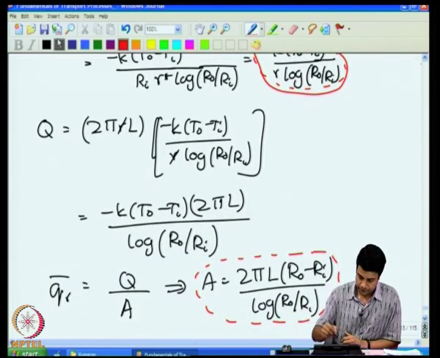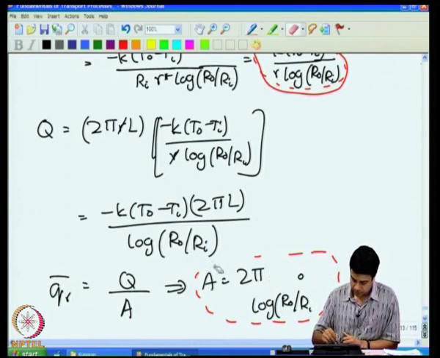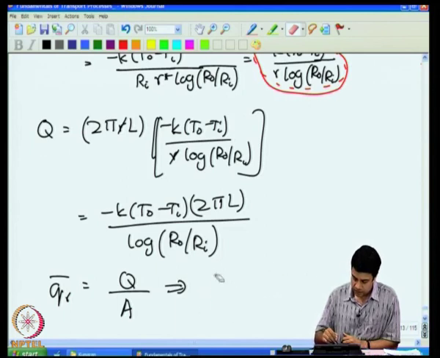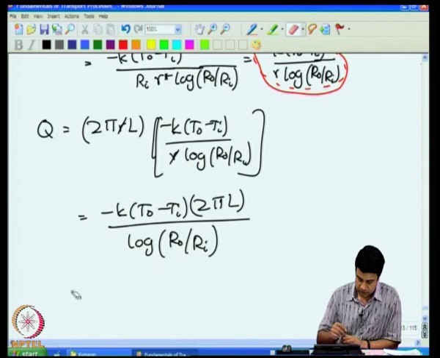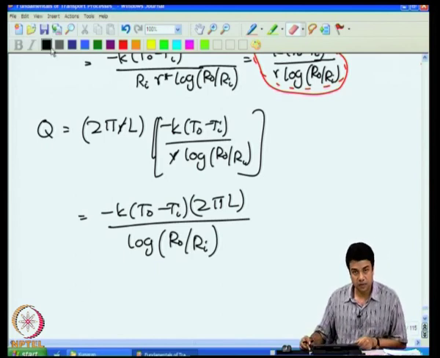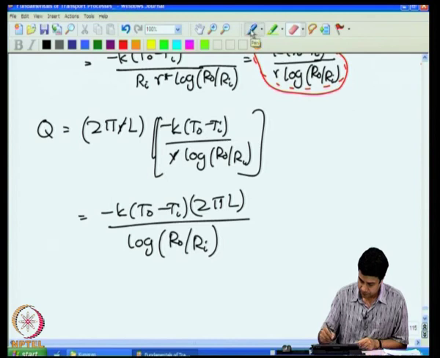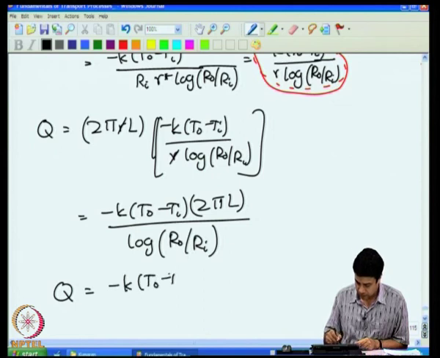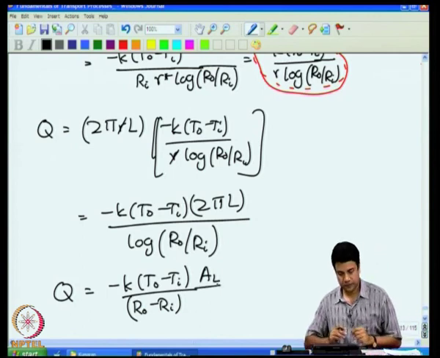Now, conventionally what is done in unit operations is to express the total heat transported as Q is equal to minus k into T_o minus T_i by R_o minus R_i into an area A_L.